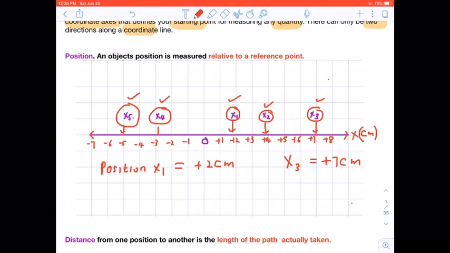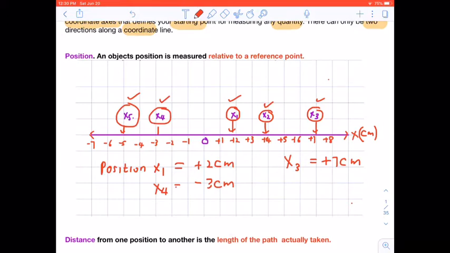And if I say x4 is equal to minus 3 centimeters, you'll know where it is and on which side of the coordinate line it is.